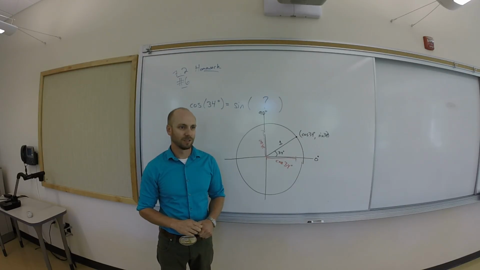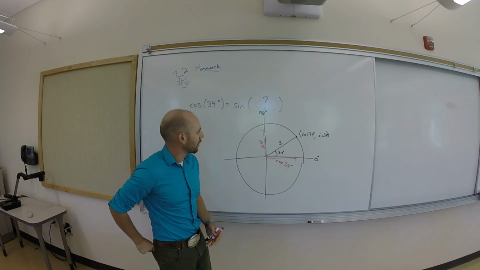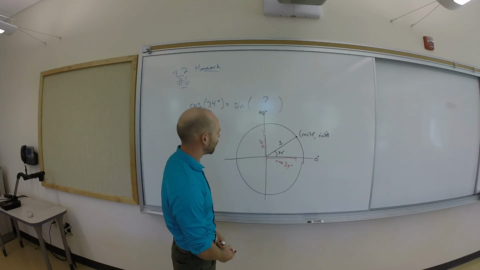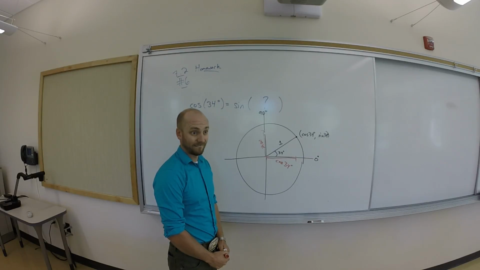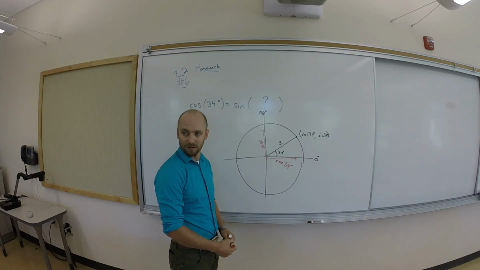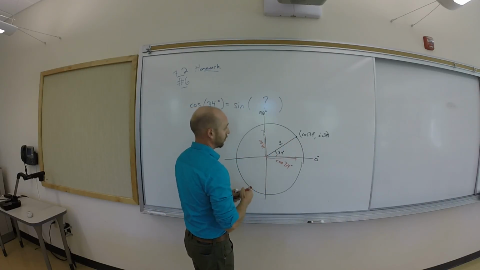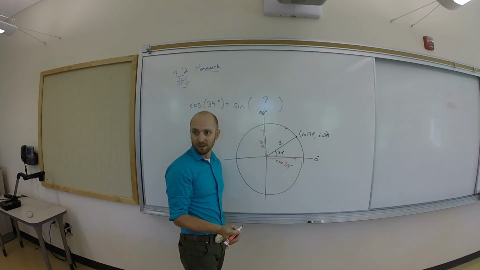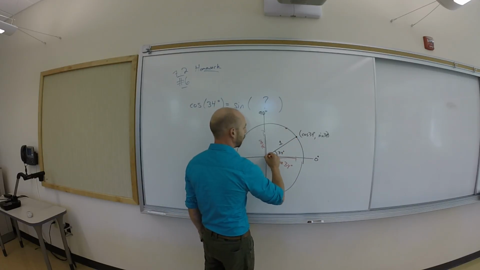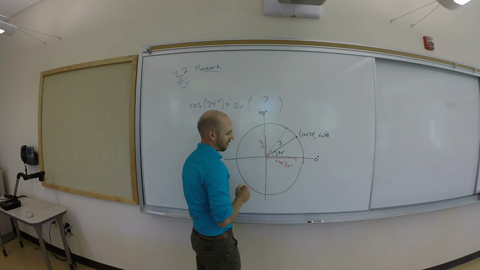Okay, see this? So where's the angle that goes with that thing? Where's the dot that goes with that thing? The dot should be straight across on the unit circle, right? And then the angle I'm looking for is this angle here.